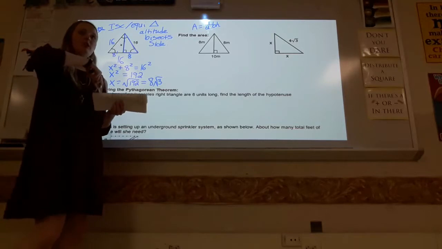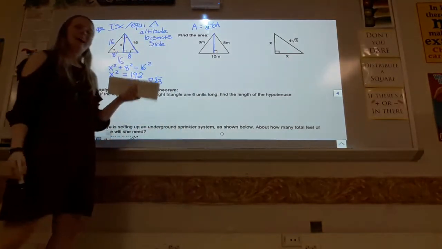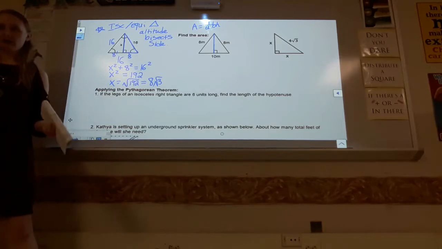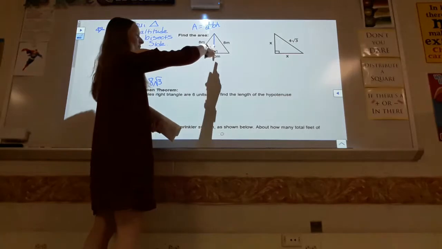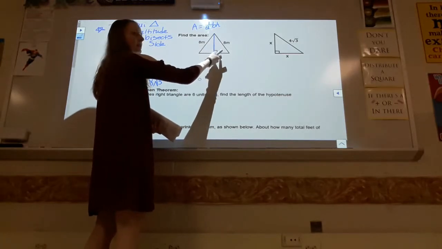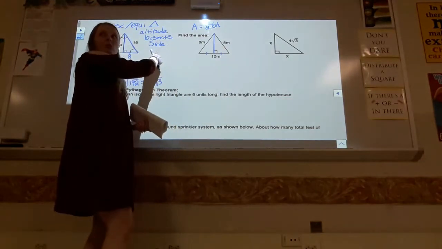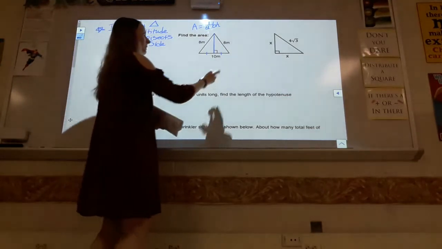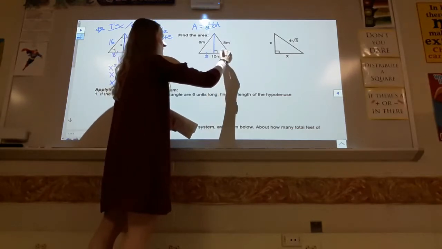Remember the height for a triangle has to be straight up and down, which is this part right here. So, in order to find that height, we have to use the Pythagorean theorem. And remember, this is an isosceles triangle with the altitude drawn, so what does that do to this? It splits it in half, just that we're using the same rule over here. It works for both isosceles and equilateral. So if these are both the same, then it splits this side in half, so we have 5 and 5.